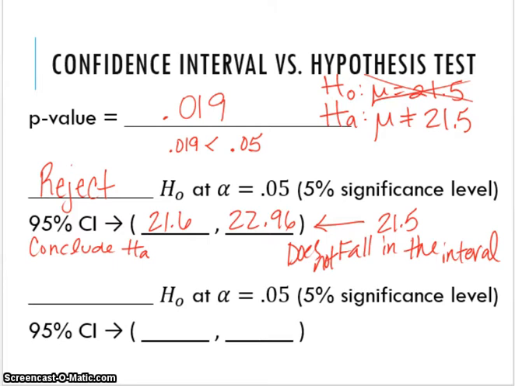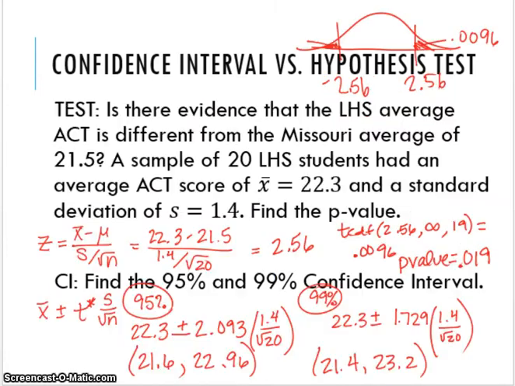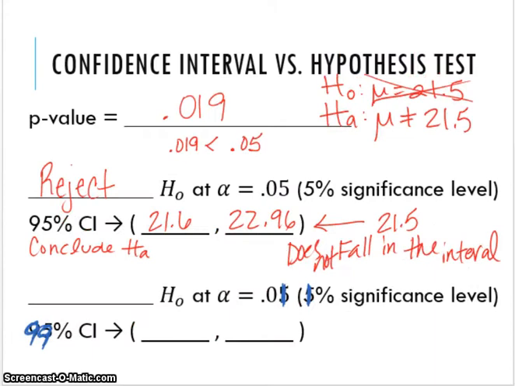I need you to go ahead and change some things here on the second part. Sorry about that, but we are now going to look at 1%. So we're going to look at a 1% significance level versus a 99% confidence interval. Our 99% interval went from 21.4 to 23.2.